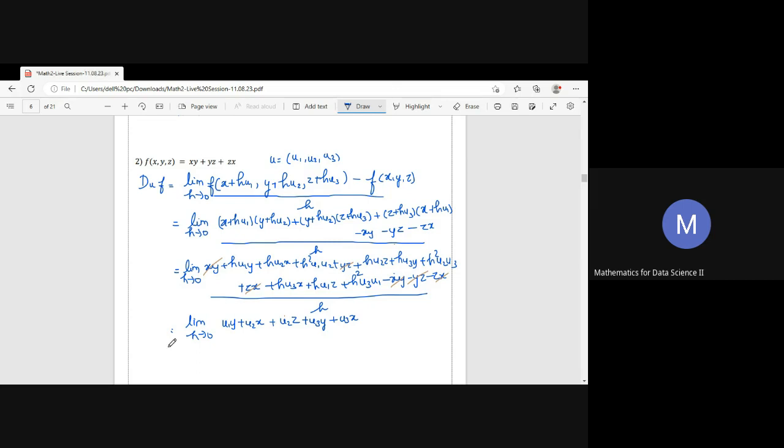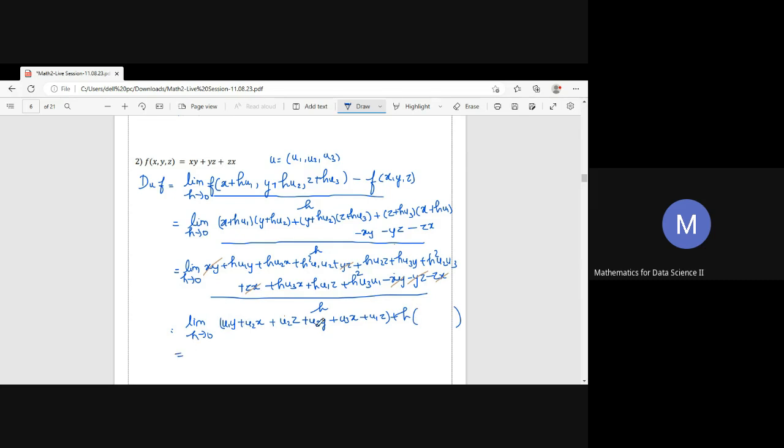Yeah, u3x and then u1z. So these are all having h as coefficient. When you are dividing, it will get cancelled, and for the remaining terms you will get something here. Now when you apply h going to 0, this term will be 0.